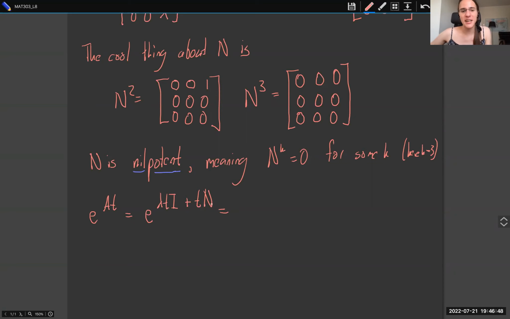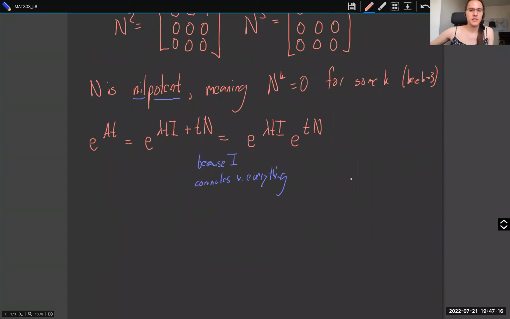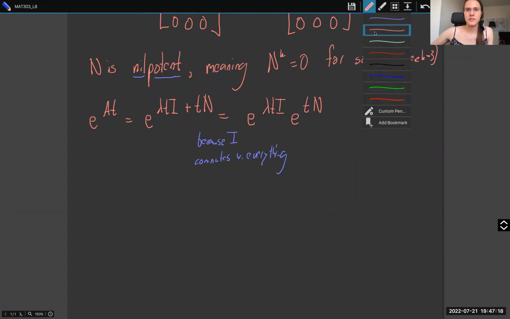So because the identity commutes with everything, we can write this as a product of exponentials, e to the lambda t I times e to the t N, and I'll write that equals star.